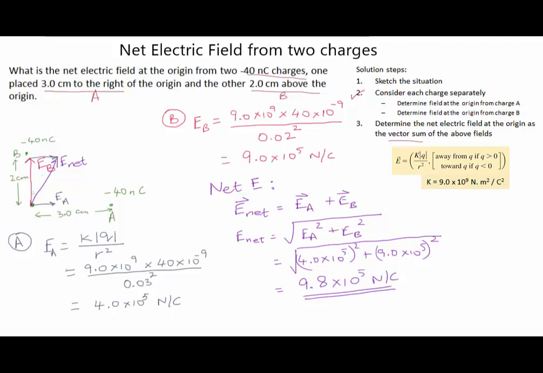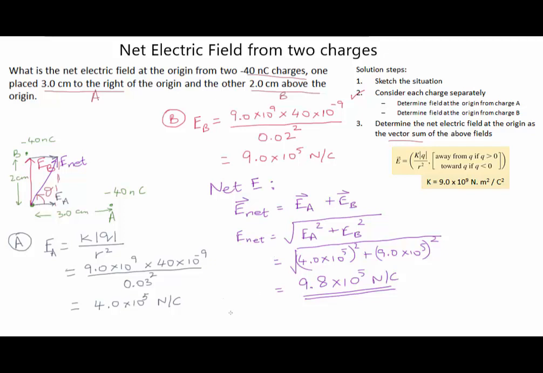To give a direction, because this is a slanting line, I can't just use a sign to give the direction. This is not along either axis, so I got to come up with an angle to specify its direction. So let's make this angle what defines that vector. So I'm going to call this angle theta. And completing this right triangle over here, I've got the opposite side to theta is the same as EB. The adjacent side to theta is EA.